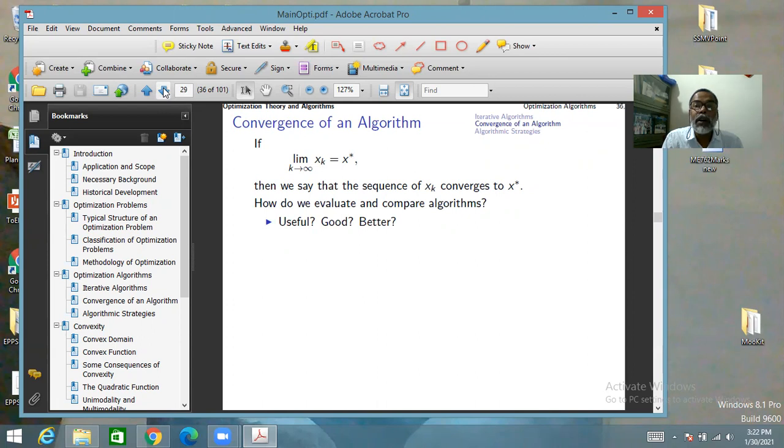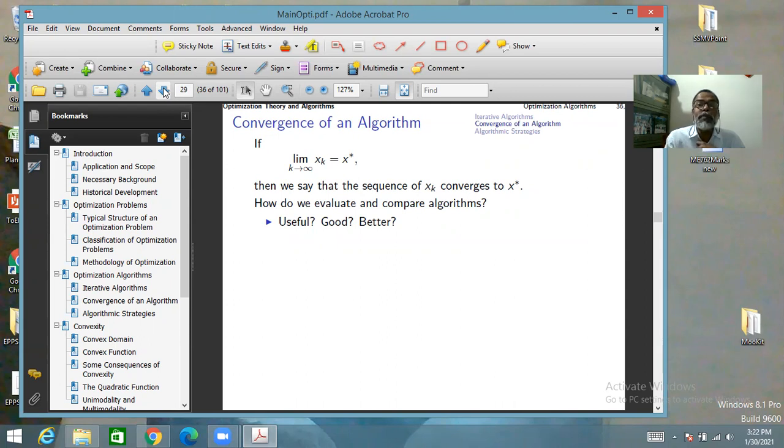Now, how do we evaluate and compare algorithms? First of all, if one converges and another does not, then we know that the one that converges to the required solution is better. But if we have several algorithms, all of them converge in this sense, then how do we compare?